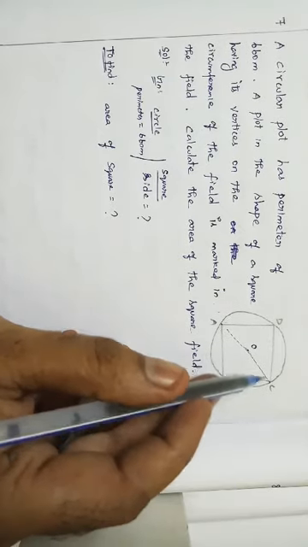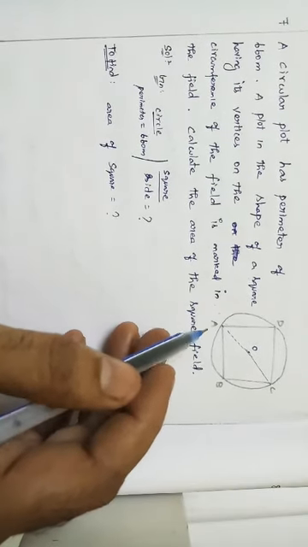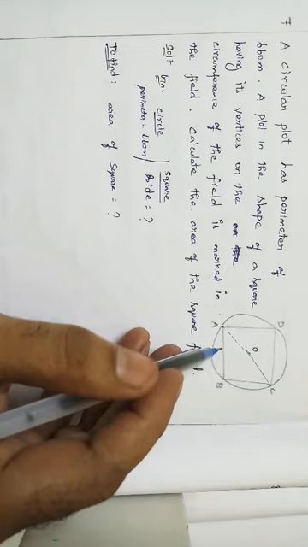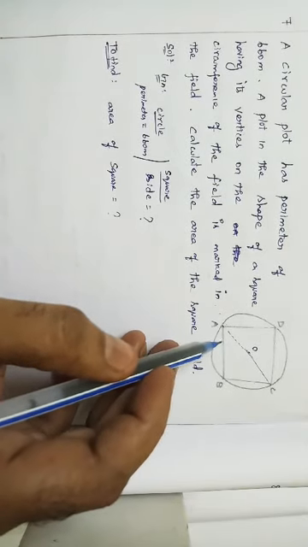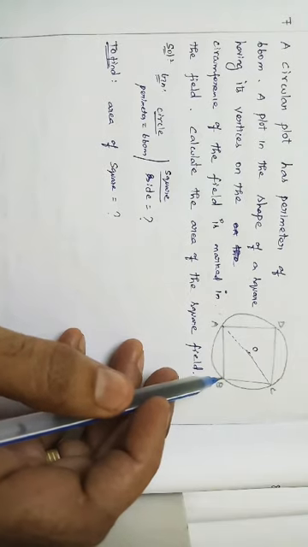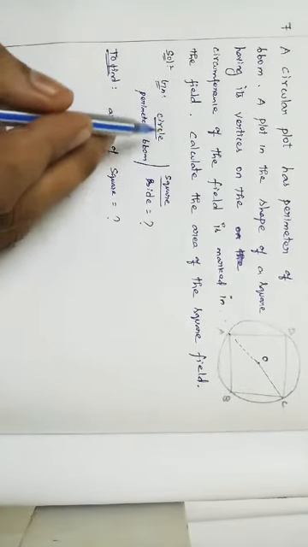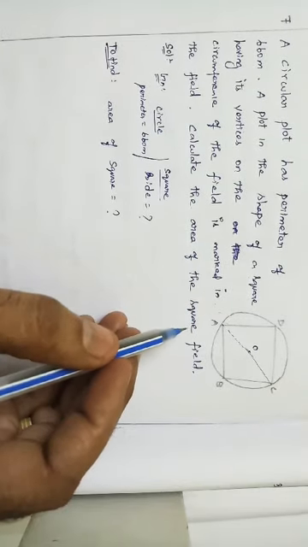For the circle, AC is nothing but the diameter. So the length of the diagonal of a square is equal to the length of the diameter of the circle, right? So we have a clue for finding the radius R of the circle.